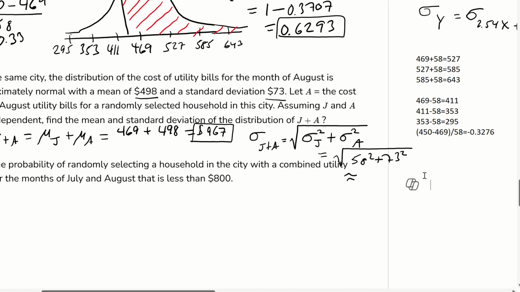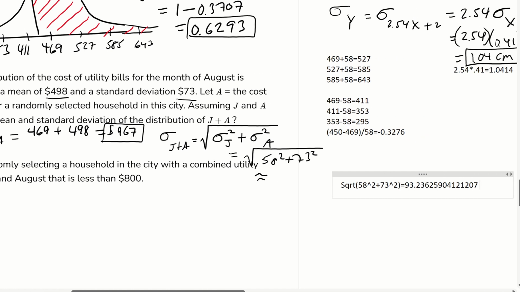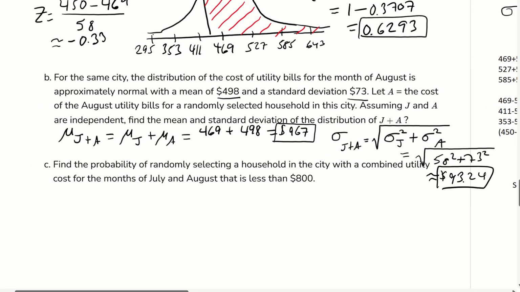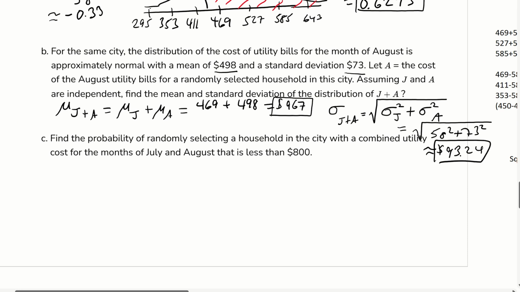Okay, let's see what that is. So $93.24. Okay, so there's your standard deviation and mean.